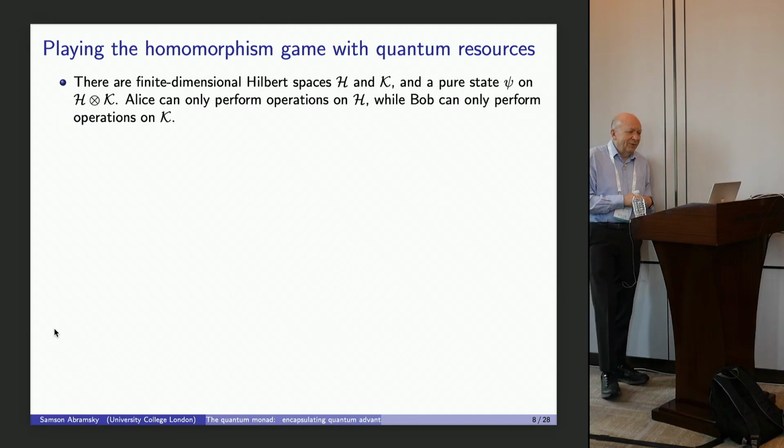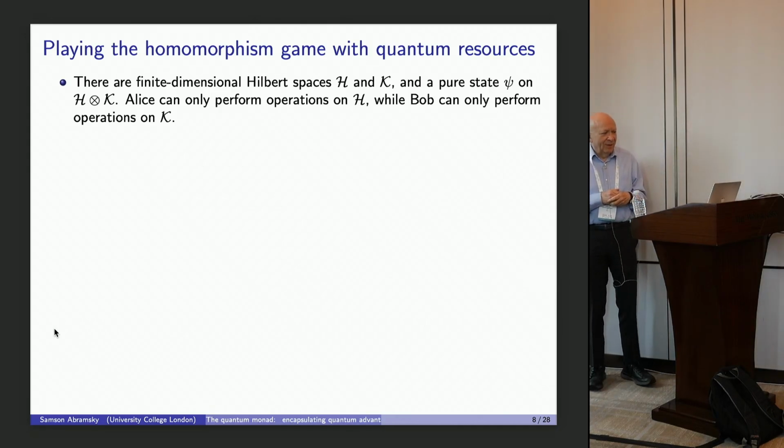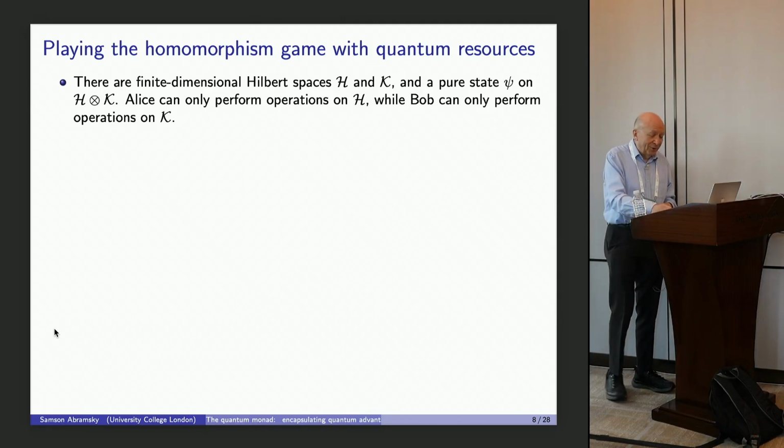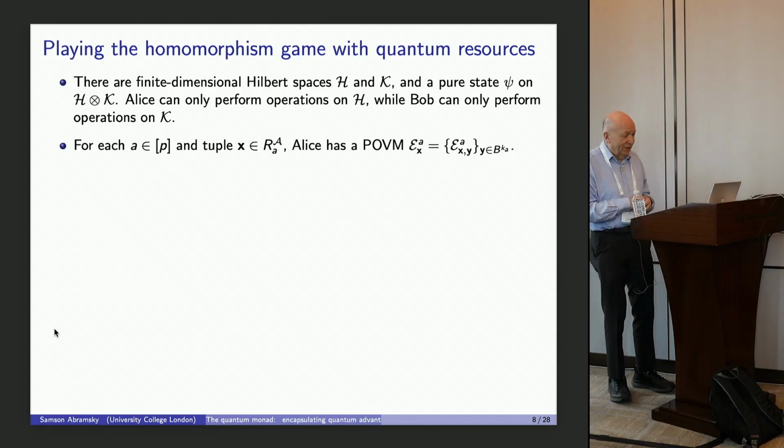So now we consider there are finite-dimensional Hilbert spaces, which we're going to think of as in a tensor product. So Alice can access H and Bob can access K. Alice can only perform operations on H and Bob only on K. So they're localized in that sense.